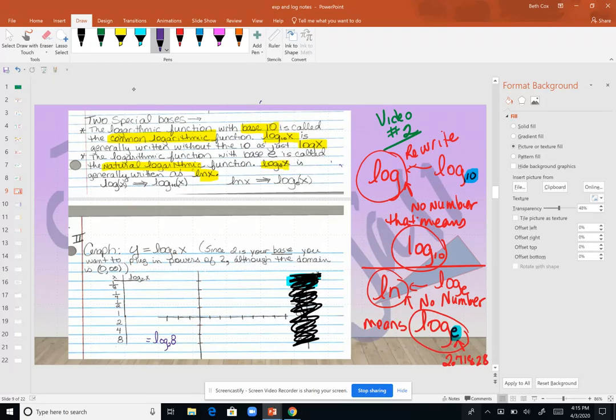And so we talked about that on the last one, and that's 3. 3 is the exponent that turns 2 into 8. And so my point on the graph is going to be (8, 3). So 1, 2, 3, 4, 5, 6, 7, 8. 1, 2, 3. So there's that point right there, (8, 3).